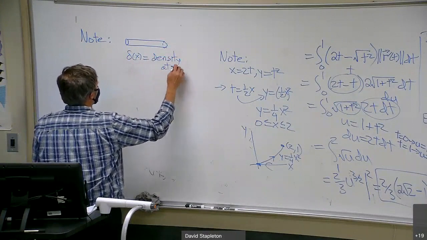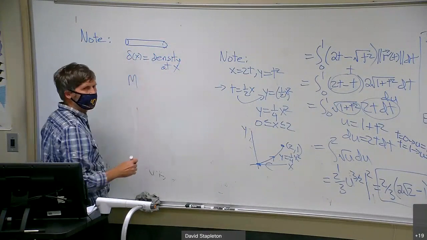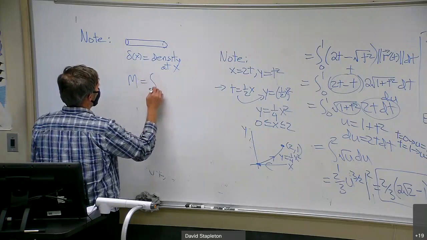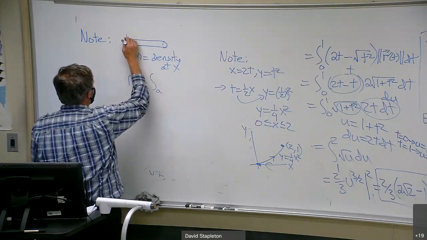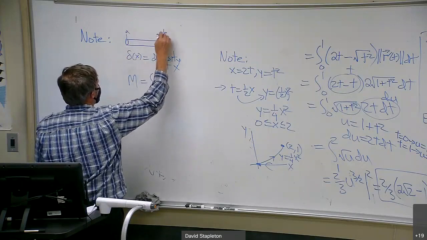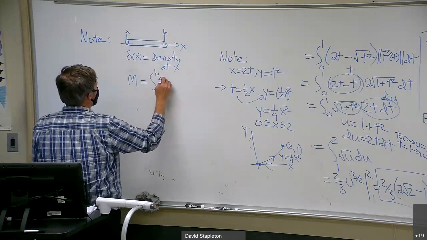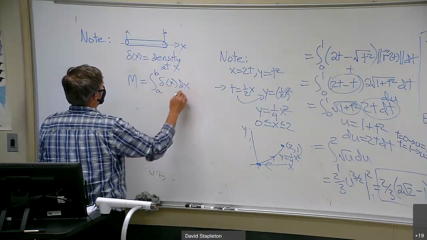What was the mass? It's just the integral of the density. This goes from x equals a to x equals b along the x-axis. Just integrating from a to b the density gave you the mass of the rod.